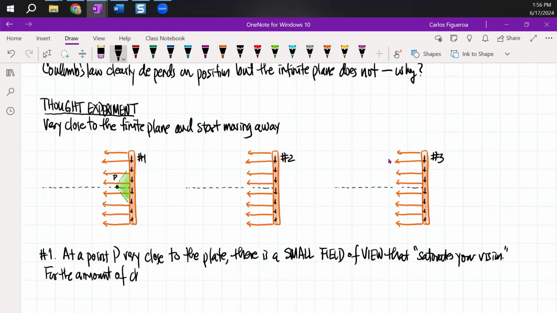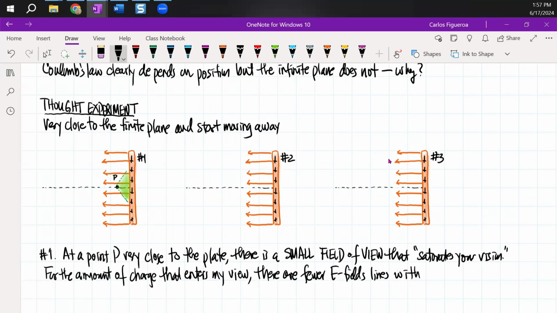So what I'm saying here is that for the amount of charge that enters my view, there are fewer E field lines with constant line density.